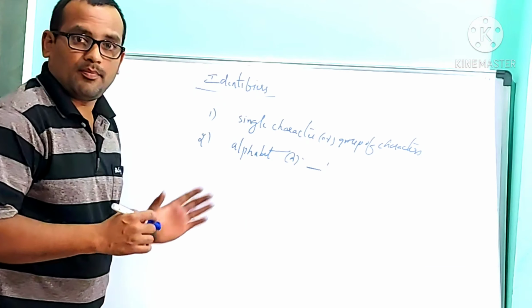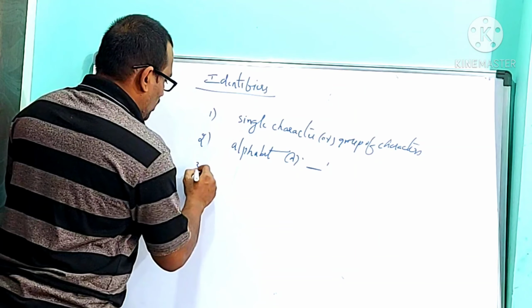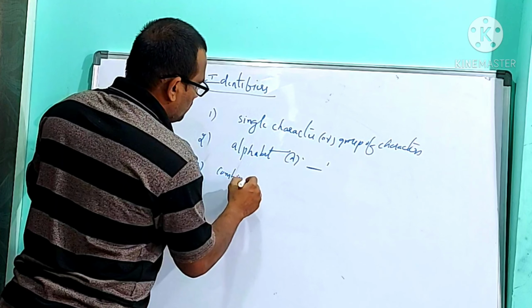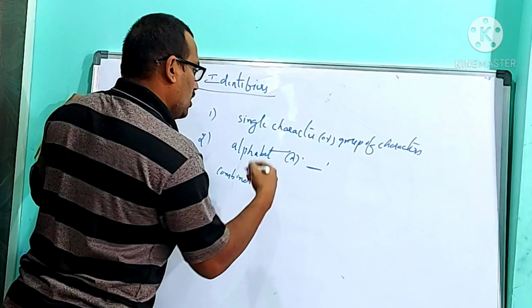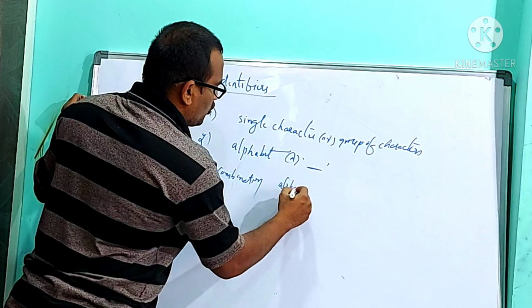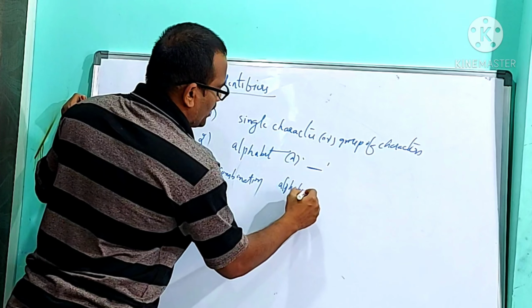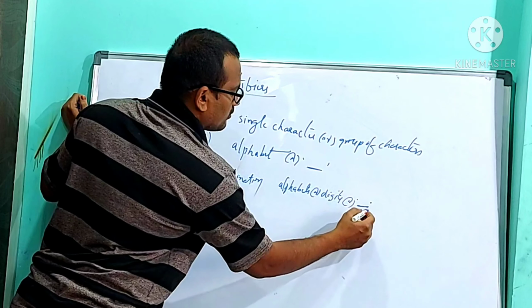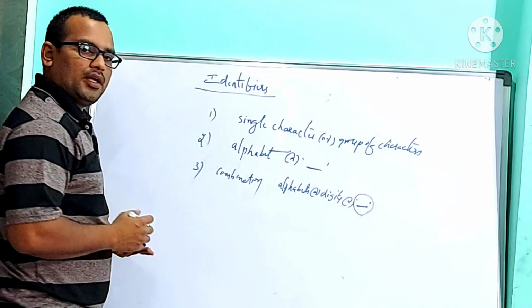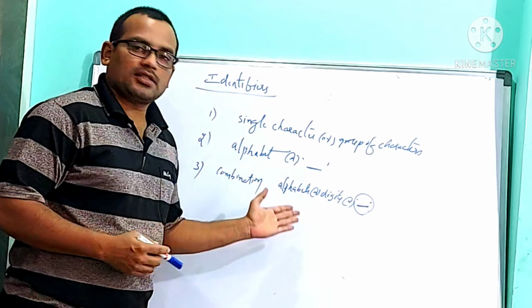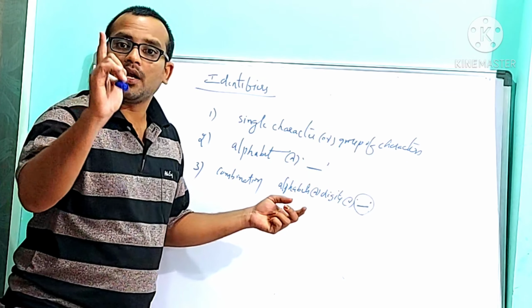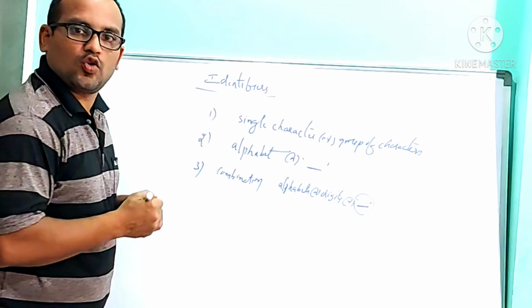Third condition, remaining all characters, from the second character onwards, you can take a combination of alphabets, or digits, or a special symbol, only underscore.